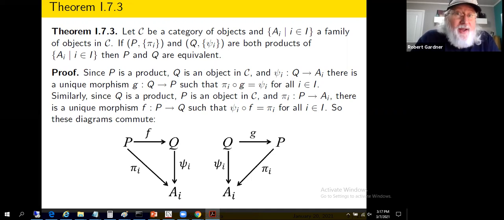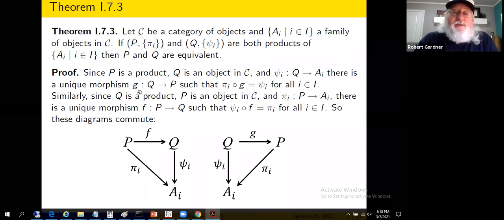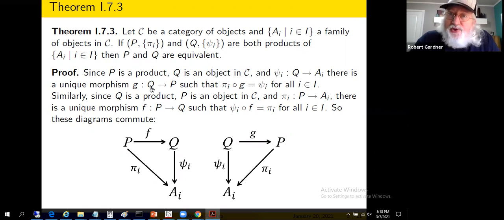So knowing that the product exists, we know there exists a unique morphism G mapping Q to P such that we get this kind of composition. This is treating Q as the arbitrary object, capital B.